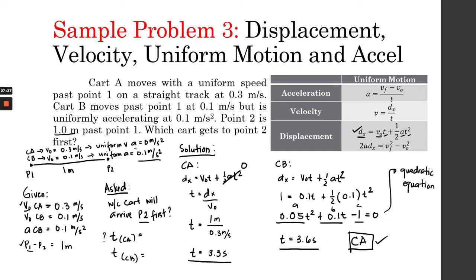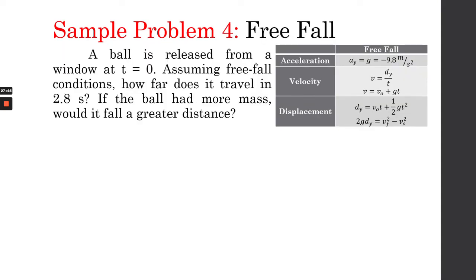Okay, so that is for displacement, velocity, uniform motion, and acceleration. Now let's head on to our free fall. This is our sample problem 4, and now we are dealing with free fall. The same way with uniform motion and acceleration, the kinematics equations for this problem are already written here on the right.